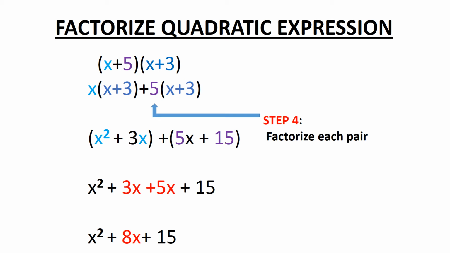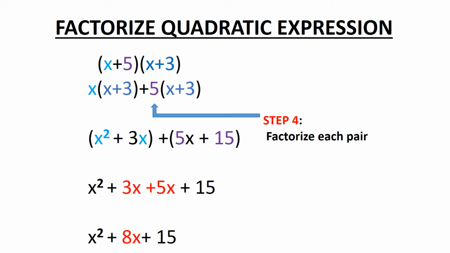Then I go ahead and factorize 5x plus 15 in the same way by finding the highest common factor of 5x and 15. The highest common factor of 5x and 15 is 5. So I go ahead and factor out 5.